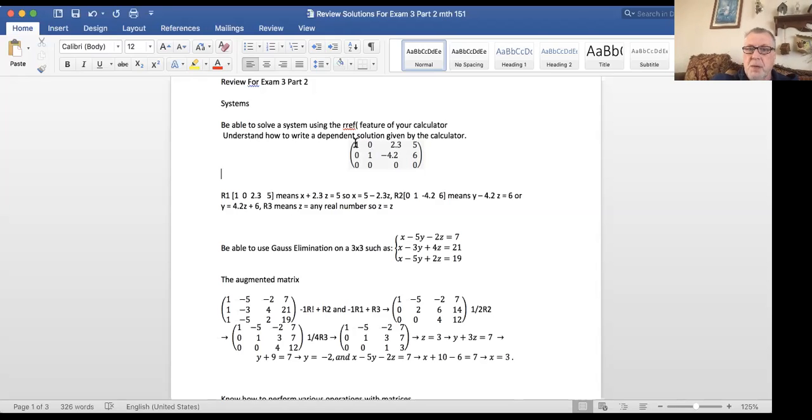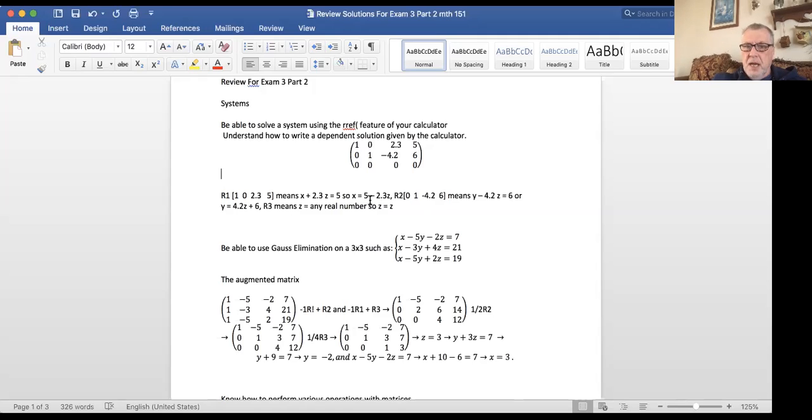What this does mean, though, is, remember, this is the x column, this is the y column, and this is the z column. Over here, we have the result. And so R1, which says 1, 0, 2.3, and 5, means x plus 2.3z equals 5. And R2, 0, 1, minus 4.2, and 6, means y minus 4.2z equals 6.